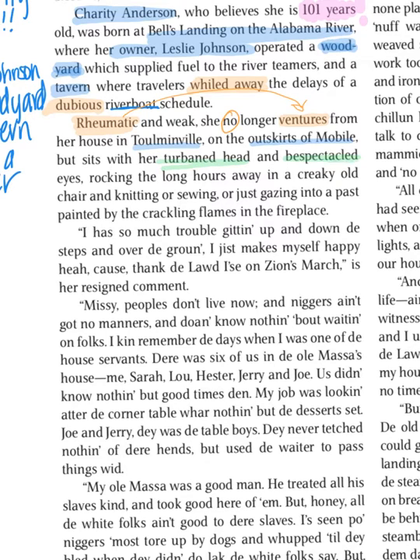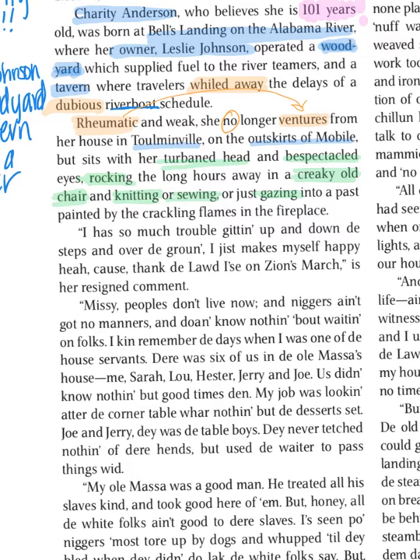She has eyeglasses. She's rocking the hours away in a creaky old chair. This idea of the old, rotting porch chair that's been well worn and creaks as it rocks. She's knitting or sewing or just gazing into a past painted by crackling flames in the fireplace.